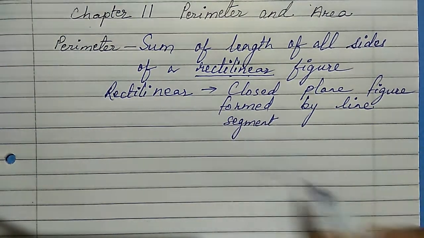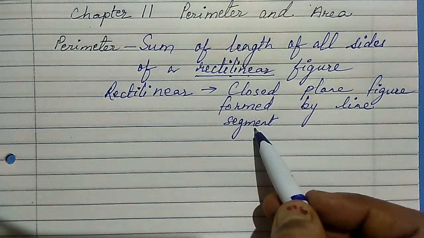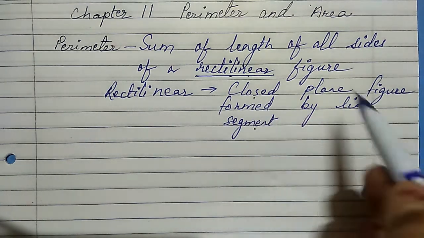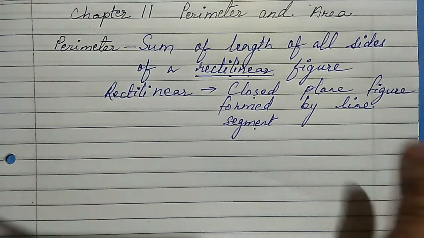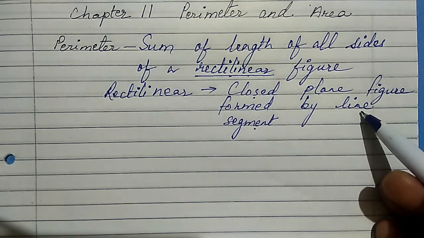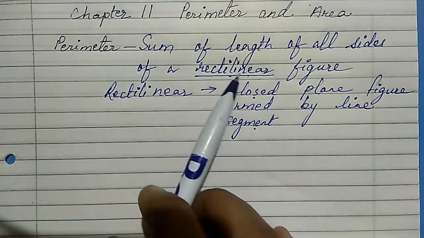Line segment का मतलब which is having a fixed measurement, and it should be a closed figure. It should be a plane figure, मतलब two dimensional होना चाहिए, and it should be made of only lines. So that is the meaning of rectilinear.